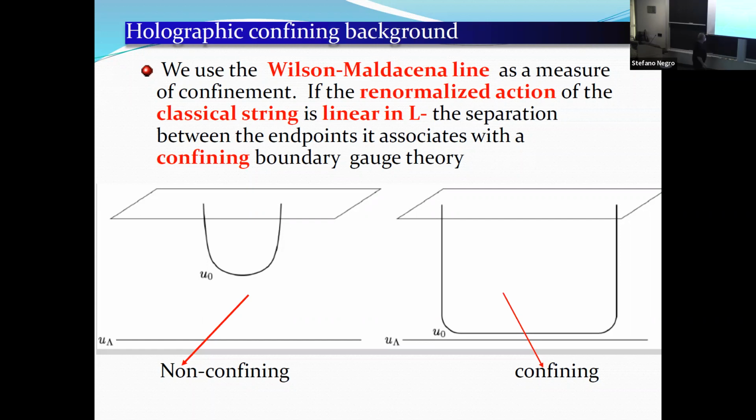The action is divergent, so you have to renormalize it, but once you do it, the question is: do you get a result which is linear with the separation distance or not? If you do it in ordinary AdS5, it will go like 1/L, nearly conformal and non-confining, but there are backgrounds where it is linear in L. That is what we are after.